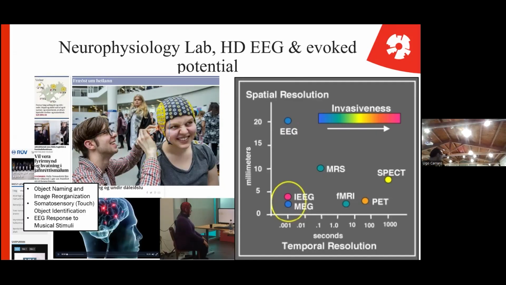So why use EEG as a signal for tracking brain electrical activity and not, for instance, functional MRI, which is absolutely a correct approach as well? But there are two aspects that distinguish the two modalities.